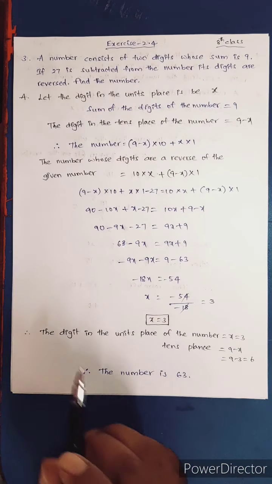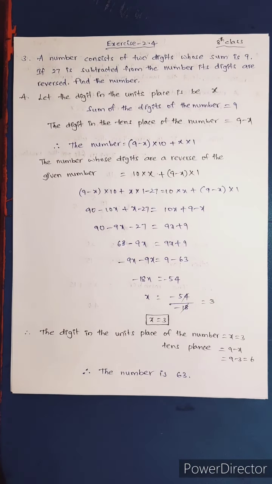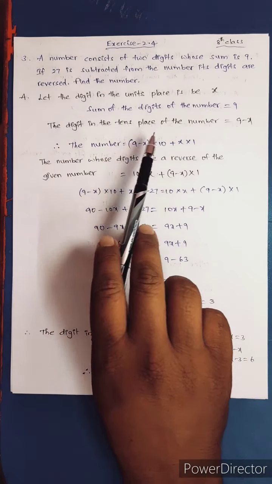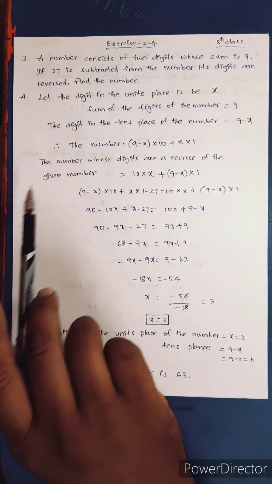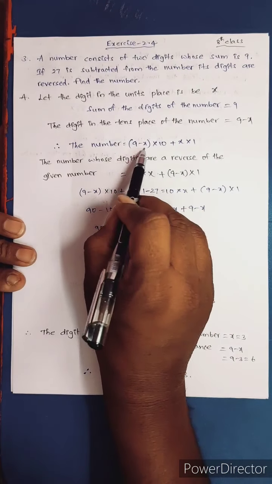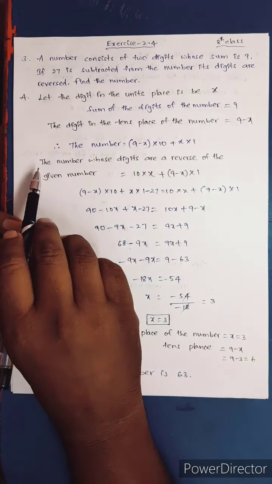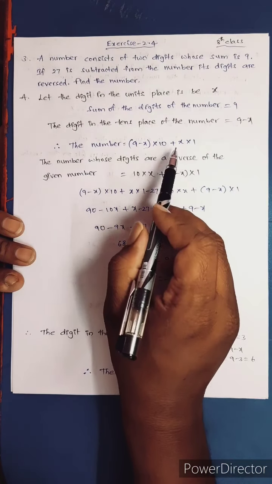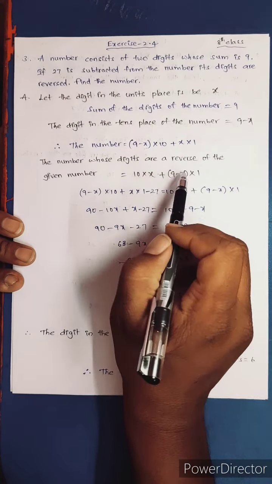Now see, let the digit in the units place be x. The sum of the digits of the number is 9. The digit in the tens place of the number is 9 minus x. The number whose digits are reversed, then what is the number? This is the tens place, this is the ones place.